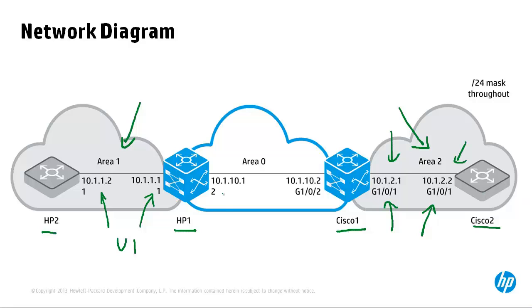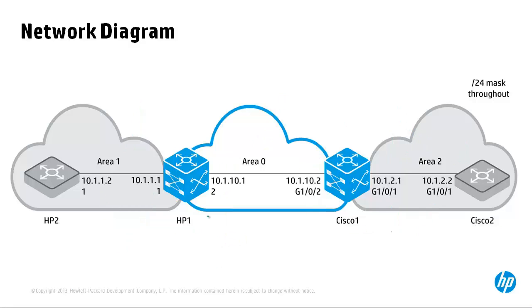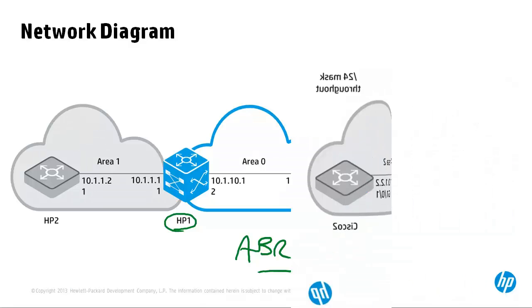HP1 has interface 2 in VLAN 10, configured with an IP address, and Cisco 1 has interface 1/0/2 configured as a routed port with the following IP address. HP1 and Cisco 1 will be configured in Area 0. Thus both HP1 and Cisco 1 are ABRs, or area border routers, as they have interfaces in multiple areas.